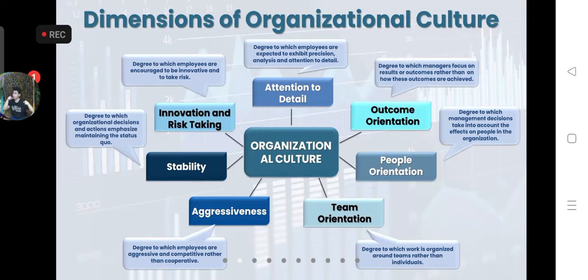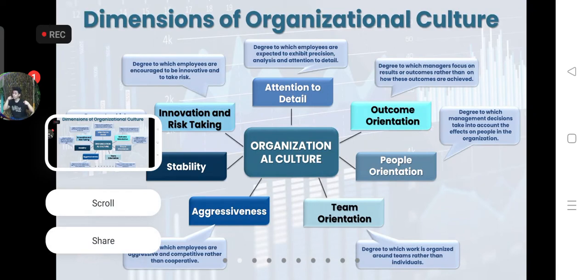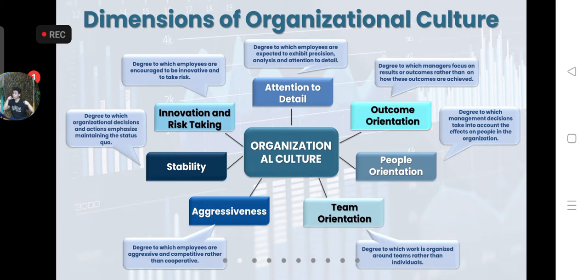So we have here the exhibit entitled Dimensions of Organizational Culture.